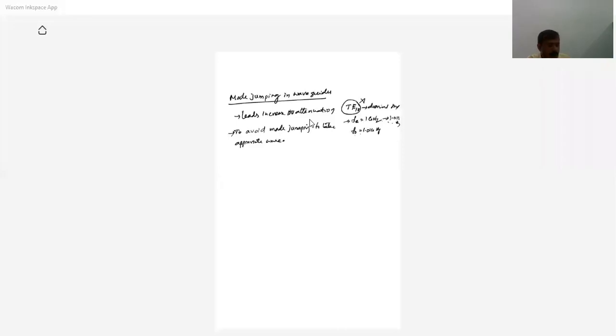Microstrip lines and cavity resonators. So cavity resonators and microstrip lines. Okay, I will remove this and go for the next.